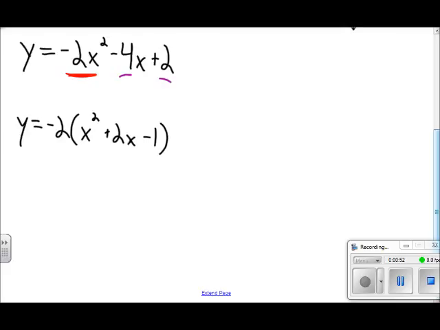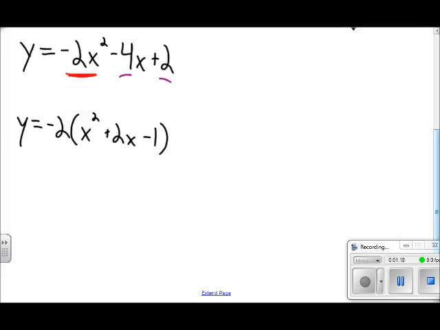And again, we know that's true because this negative 2 times the x squared is our negative 2x squared. Negative 2 times the positive 2x gives us our negative 4x, and negative 2 times negative 1 is our positive 2. So we can make sure that these all fit and these all work.